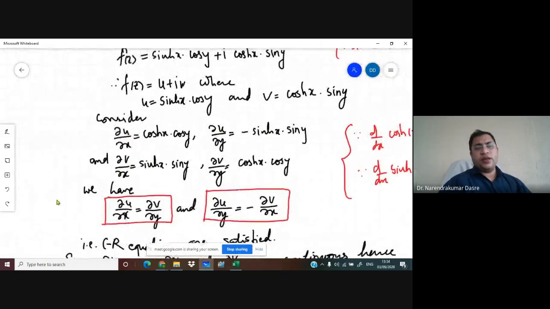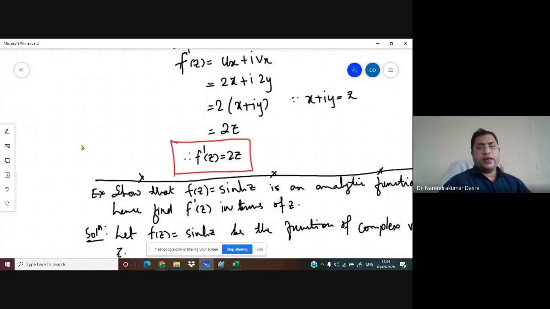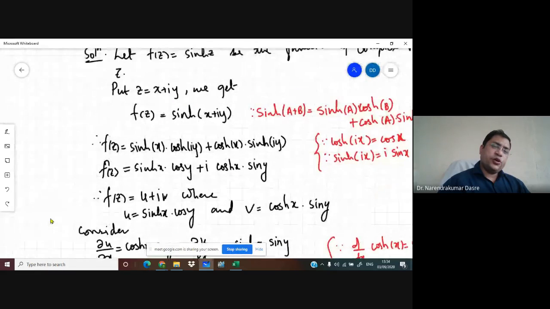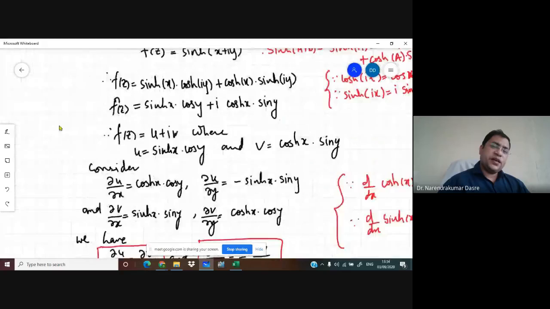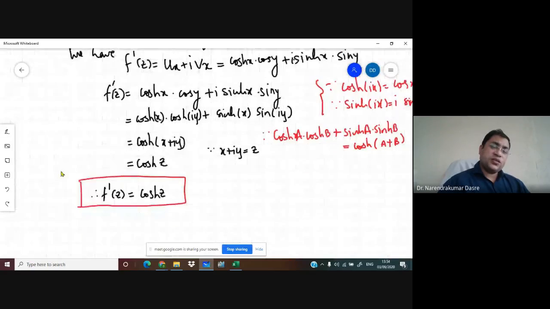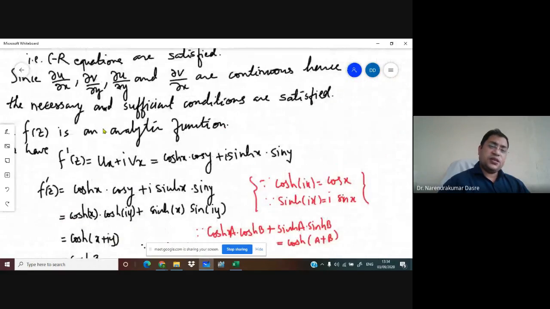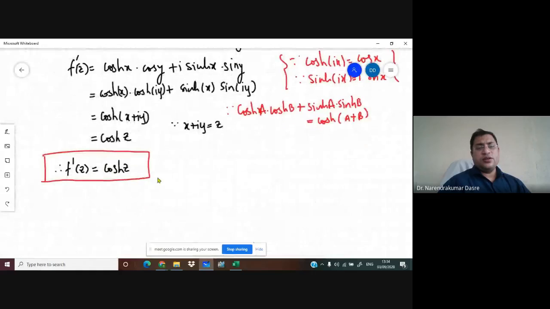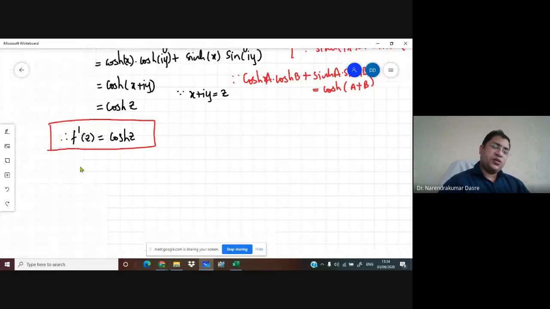Now you can observe one thing. In the previous example, the derivative of z square we obtained as 2z. The derivative of sine hyperbolic z we obtain as cos hyperbolic z, which is very similar to the case of real variables. So this is for the real variables, and we are getting something very similar for the complex variable also.